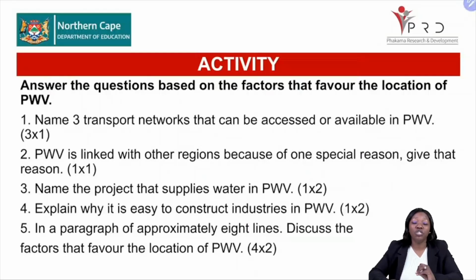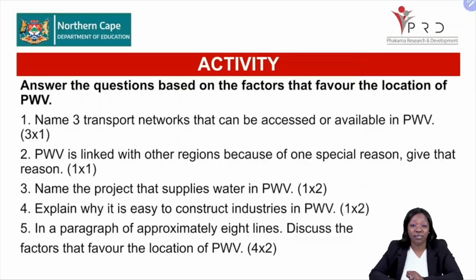The first question, you name the 3 transport networks that can be accessed or available in PWV. Remember, they do not have all the transport networks, but there are 3 that are accessed or available. Then PWV is linked with other regions because of one specific reason.